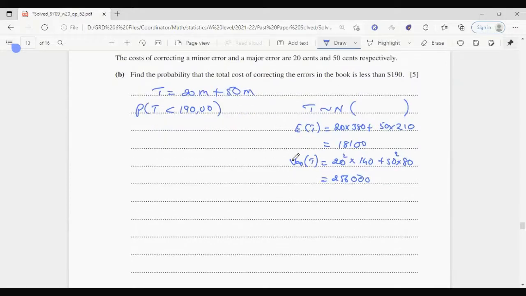All right, so we have the mean and variance. Now, the probability will be equal to phi of (19000 minus 18100) divided by the root of 25600, which gives phi of 1.778, which is equal to 0.962.